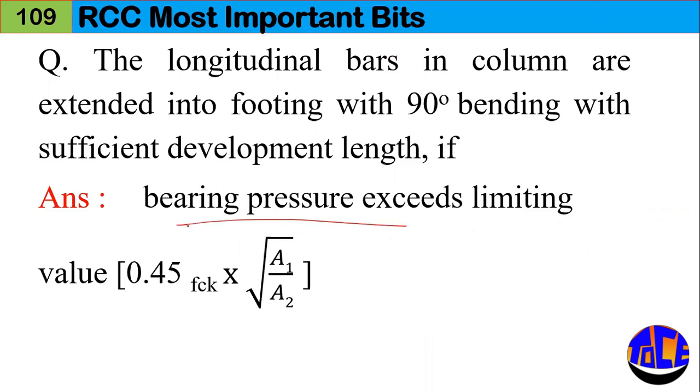If the bearing pressure exceeds the limiting value, you need to extend the longitudinal bars of the column into the footing with 90-degree bending, and you have to provide the sufficient development length. So what is the limiting value? That is 0.45 fck into under root A1 by A2.